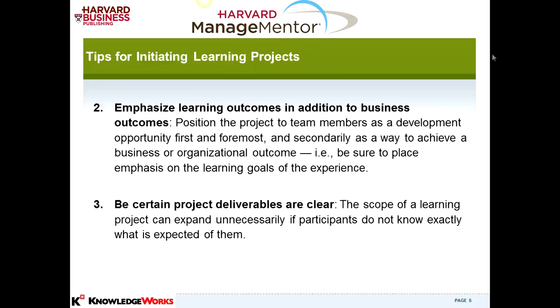Be certain that the project deliverables are clear. And again, if you use the templates that are provided as the core for your projects, then they are produced in a clear manner. So the scope of the learning, the extent of the project, must be clear to the participants in the project.